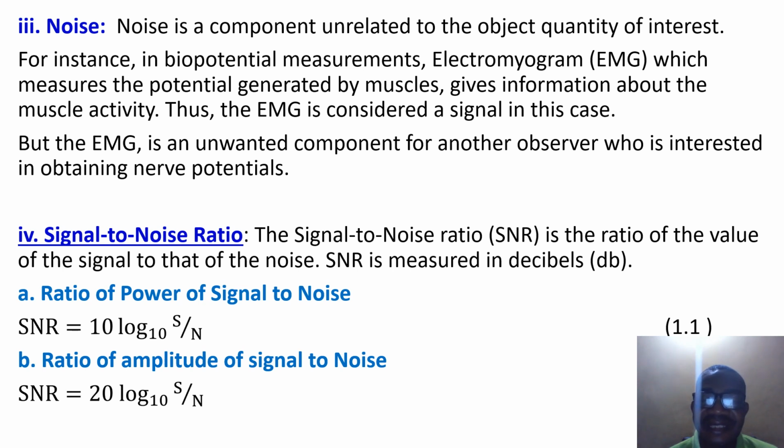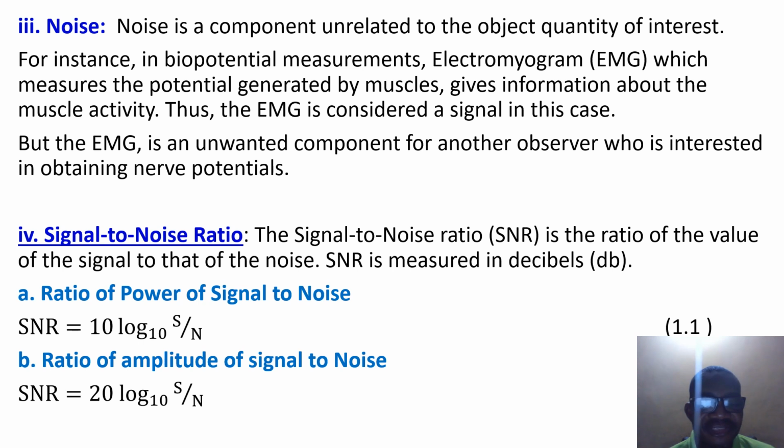The SNR is measured in decibels. The ratio of power of signal to noise is calculated as SNR is equal to 10 log base 10 of signal divided by noise.